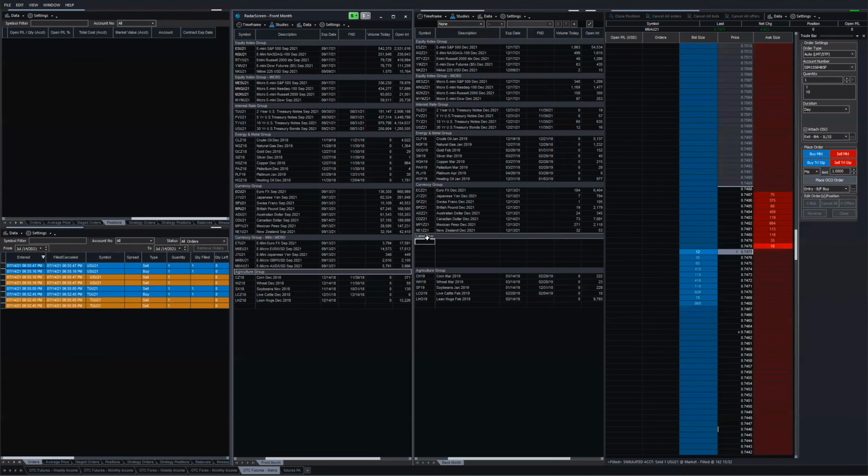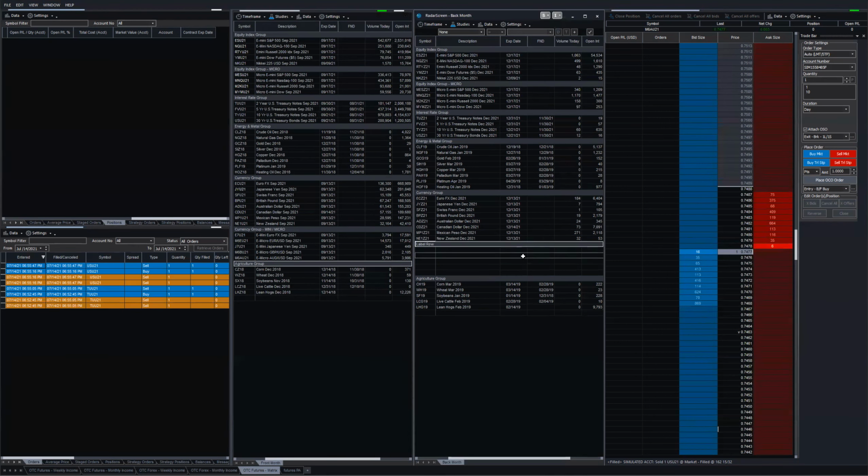Now, label row here, we have to describe it. Currency group mini slash micro. So here it's of course all set.